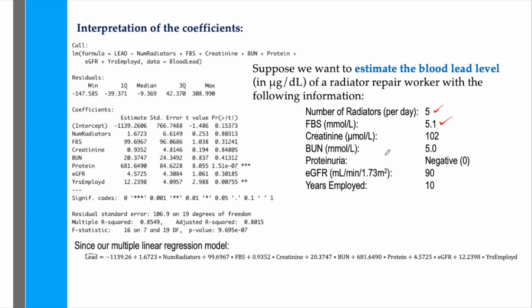Meaning, if you have this linear regression equation, the number of radiators will be 5, the FBS will be 5.1, creatinine will be 102, BUN will be 5, protein or proteinuria is 0 since that is negative, EGFR, which is 90, and years employed, which is 10.